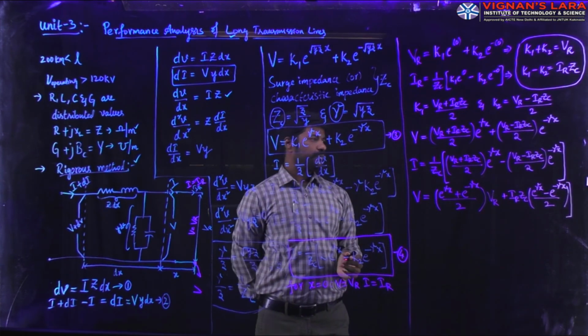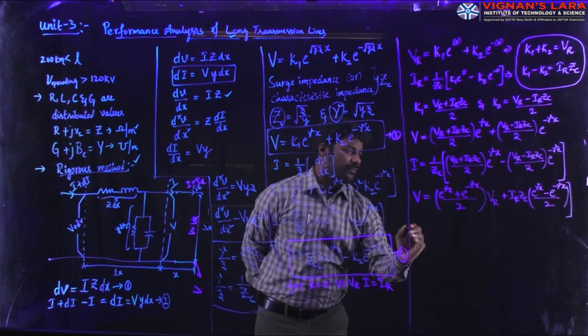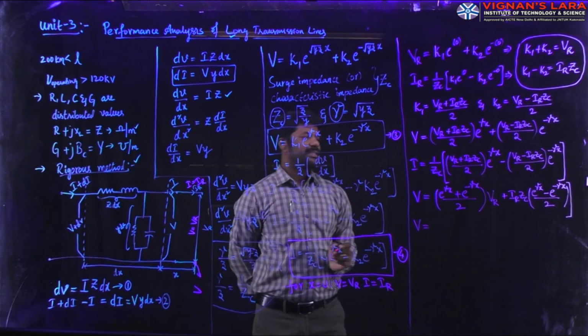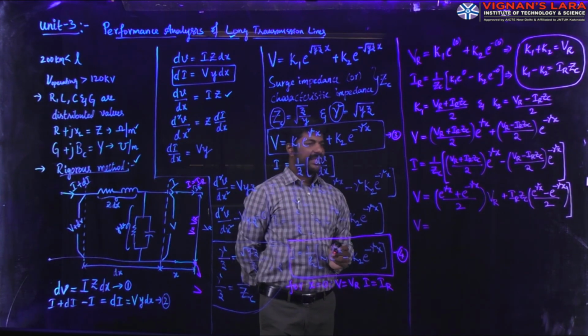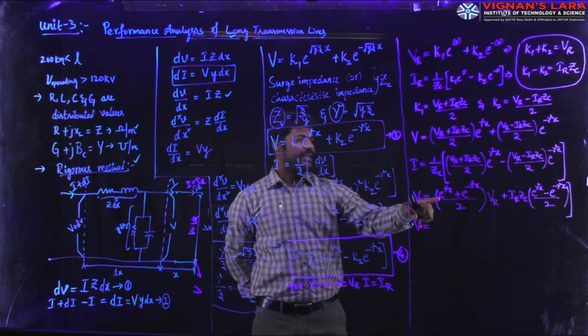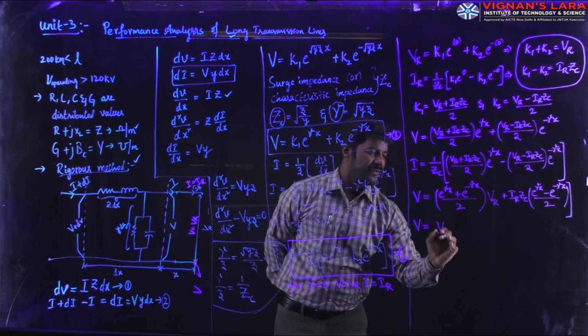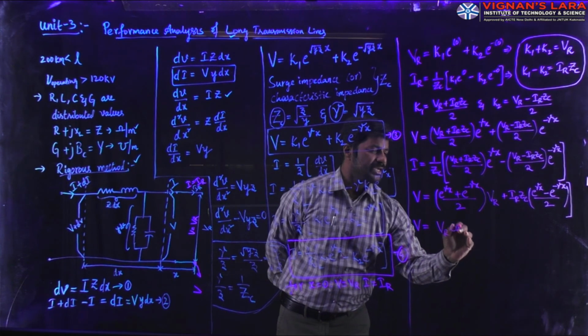Then V is in the form of VR into (e to the power gamma x plus e to the power minus gamma x) by 2. Exponential representations give us a hyperbolic term, that is VR cosh gamma x.